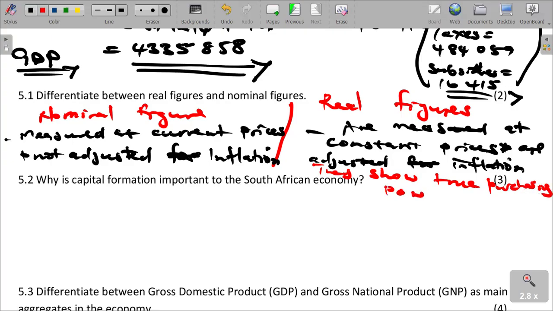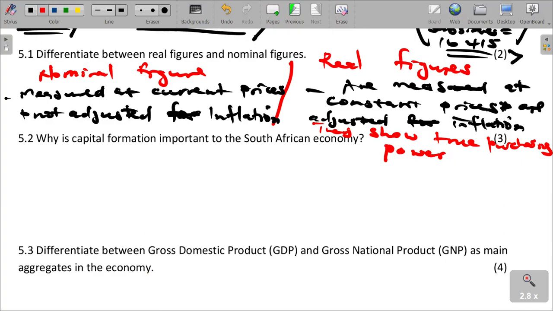I think we are able to understand what this difference is all about. Nominal figures are at current prices, not adjusted for inflation, and real figures are measured at constant prices, which are adjusted for inflation.